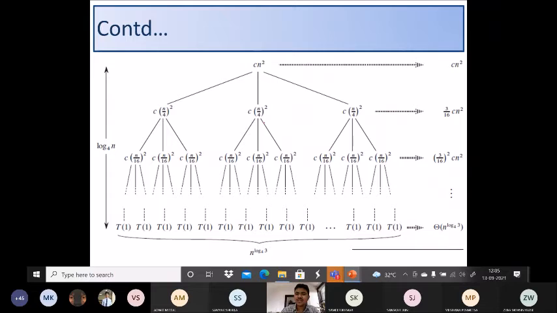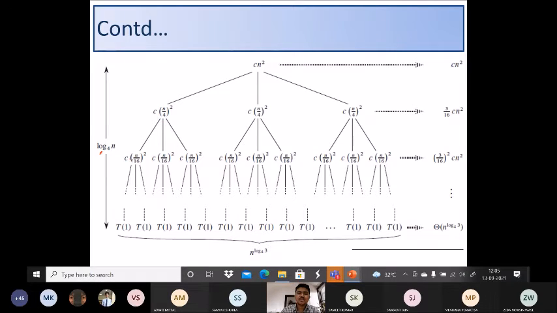Now see the whole diagram. Don't look at these other things, I will tell about them later. Just see what we are doing. The cost is cn². In each case it has been divided into 3 parts. Here it is c(n/4)², here c(n/4)², and so on.